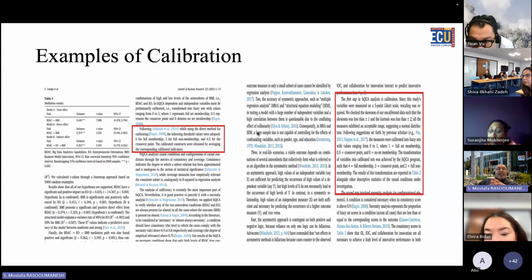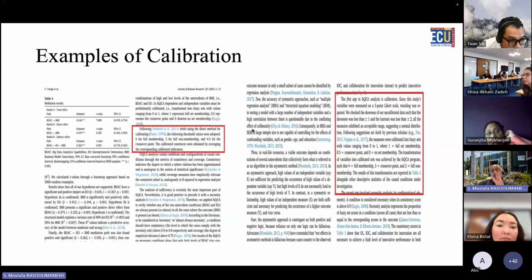There are different methods for calibration. To convert or calibrate our original data to 0 to 1 in a fuzzy set, with continuous values between 0 and 1, we have to apply a specific calibration method.